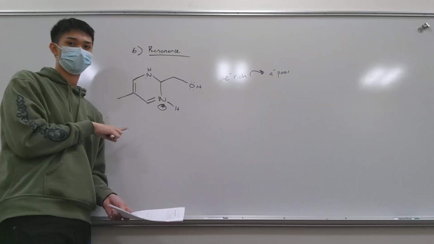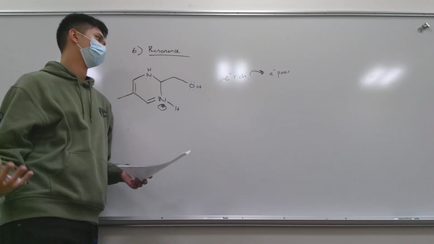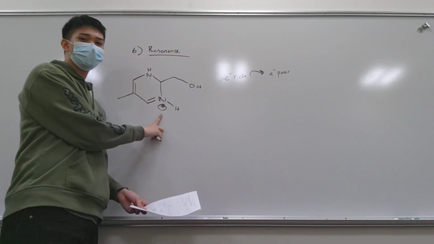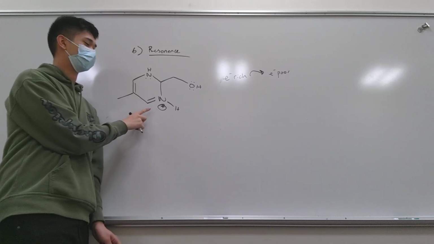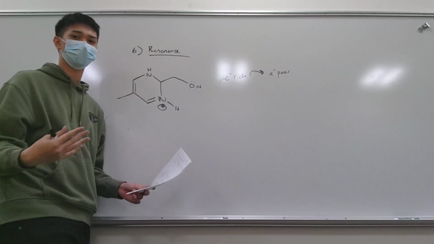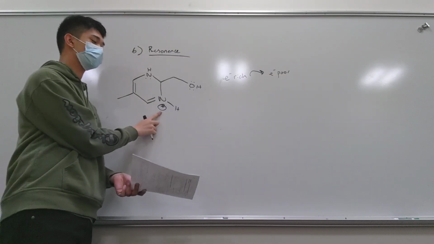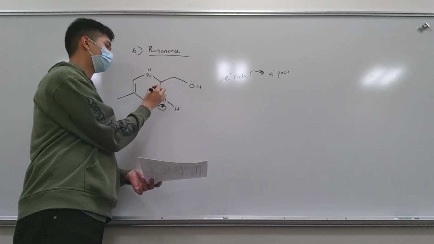You can break pi bonds, but not sigma bonds. Pi bonds are like extra sources of electrons. They're like more money. This nitrogen does not have any money. He needs money. This pi bond is like, oh my gosh, I have a lot of money. This carbon shares a pi bond with nitrogen. It's like a shared account. When nitrogen says, hey, I need more money with this plus charge, this carbon is like, oh my gosh, sure, I can give you that money, right?